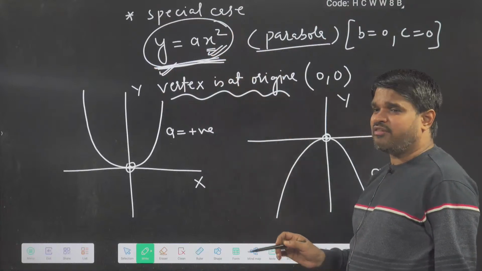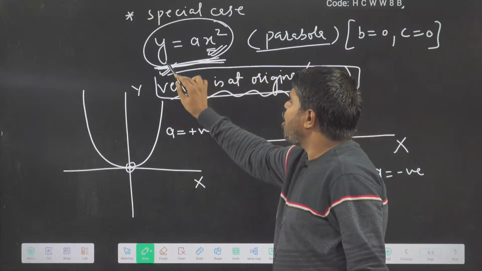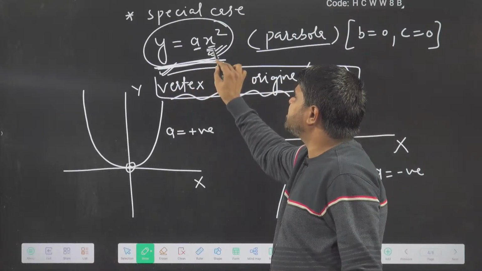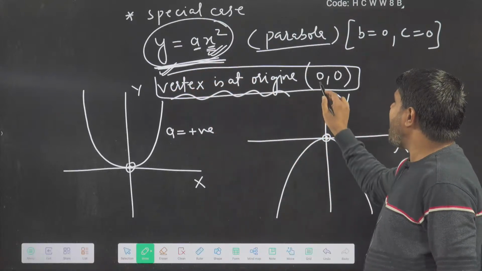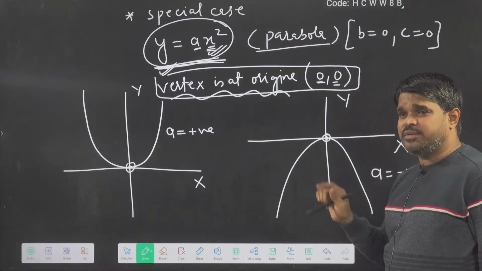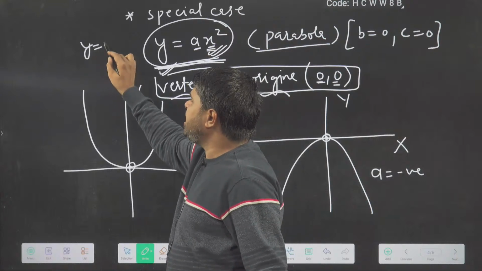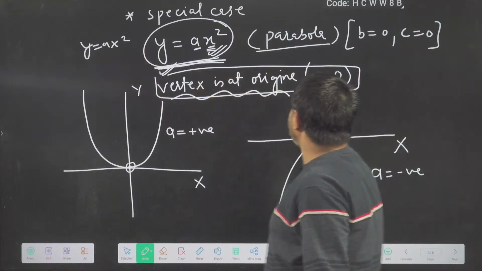Now for y equals ax squared, the first important thing: the vertex or tip is at origin. If I want to draw the graph of y equals ax squared, the vertex is at origin.